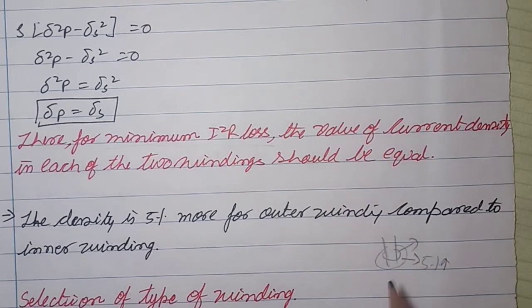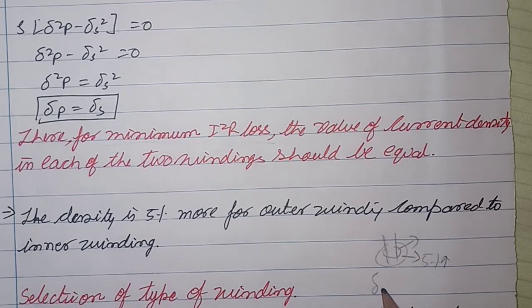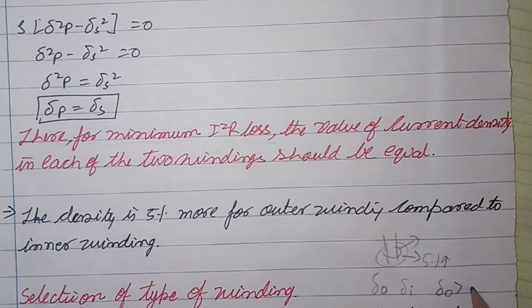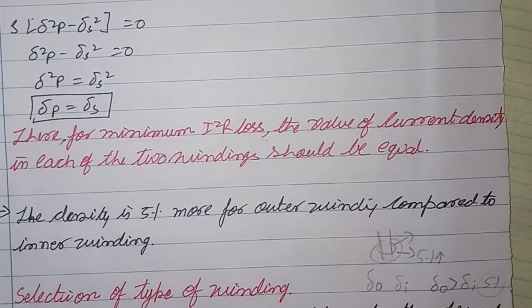If I take delta outer and delta inner, then delta outer is greater than delta inner, by 5%. That is what is practically done, and this is possible because of the cooling, since heat dissipation is better in the outer winding compared to the inner winding.